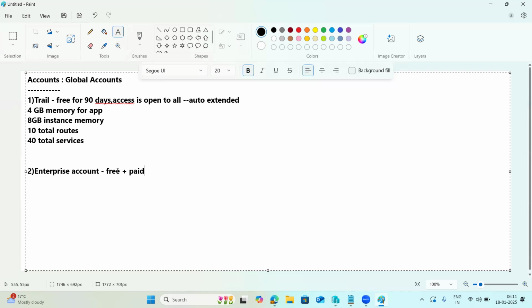And also there is a licensing model for the enterprise account. The enterprise global account comes with 24 by 7 support. If there are any issues SAP will support, but for a trial account there is no support from SAP.